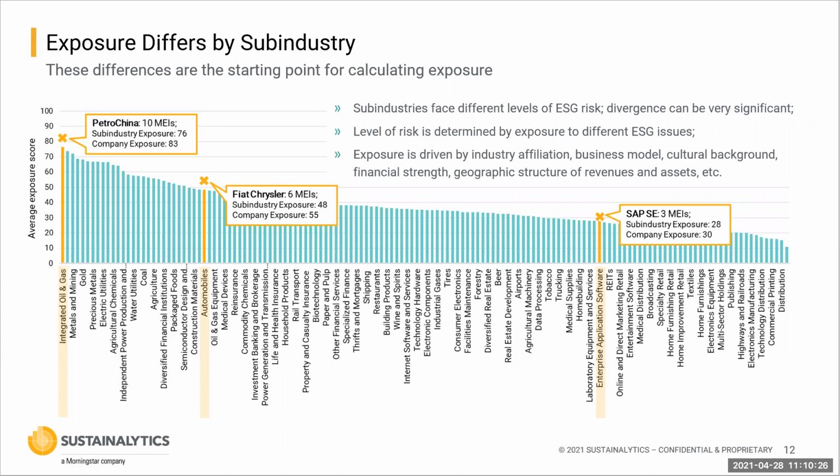And not only do they look differently, but the exposure to risk for those sub-industries is also significantly different. And that's the key message of this slide, that the starting points of exposure and risks to ESG are significantly varied across sub-industries.